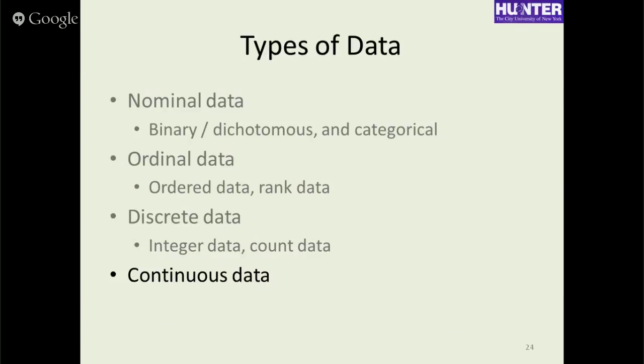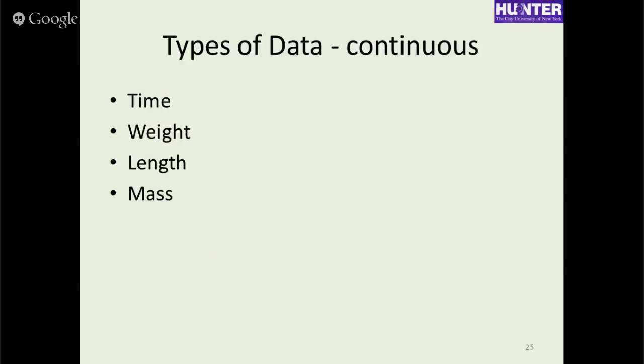Finally, continuous data. Continuous data are things that have decimals and any value is possible. So time, weight, length, mass. You can rightfully point out that maybe time is measured in seconds or hundredths of seconds, and your timepiece only takes discrete measurements.